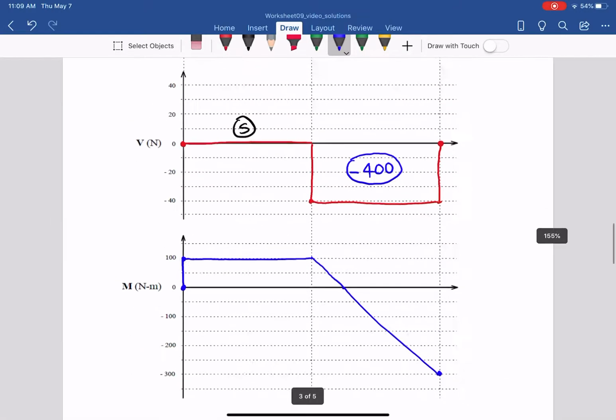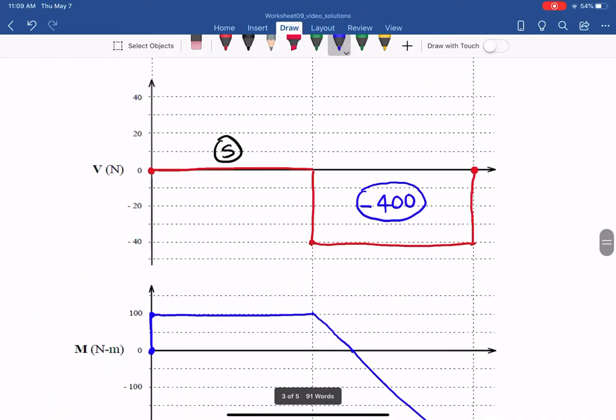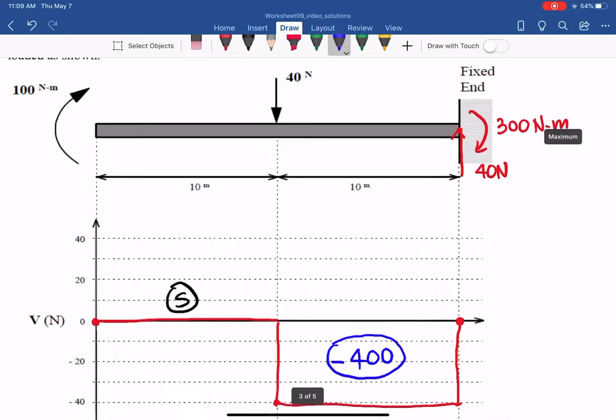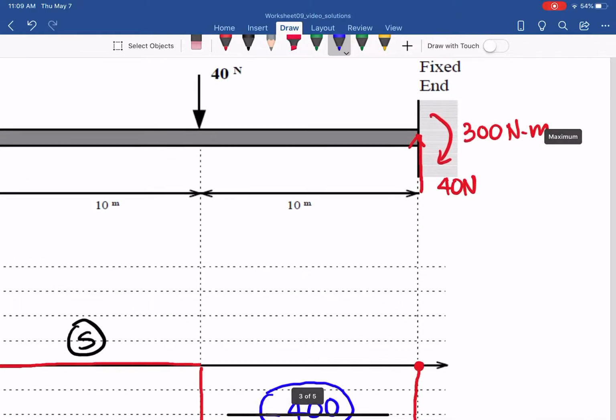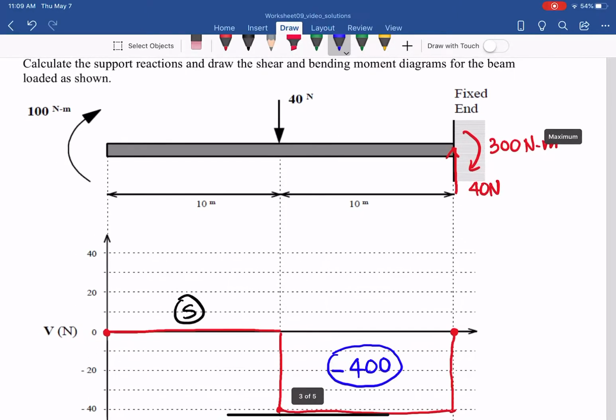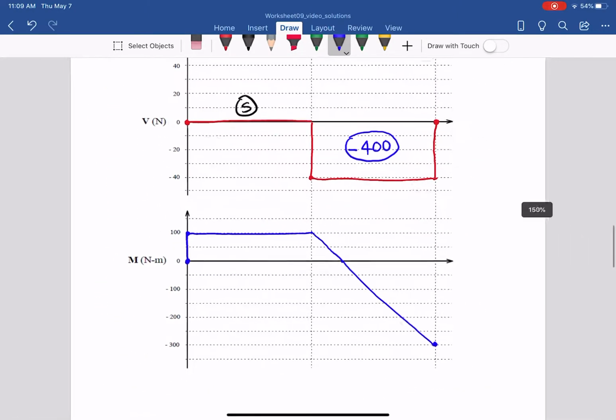Not enough yet. We have to close it at 0, right? So here you have a clockwise couple of 300 Newton meter. It will create a discontinuity in the moment diagram, and it moves up.